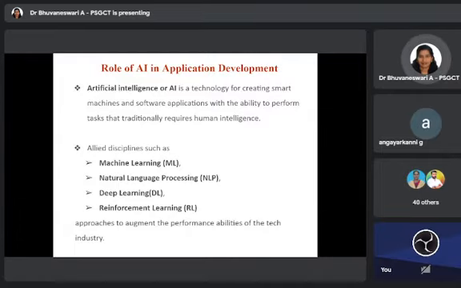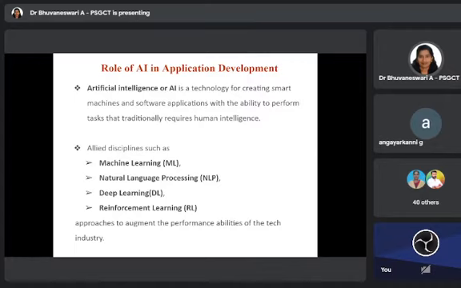And in the latest developments, AI, artificial intelligence, has prevailed for more than 3 decades. Only recently, AI has got more attention because of its allied disciplines like machine learning, language processing, especially deep learning and reinforcement learning.